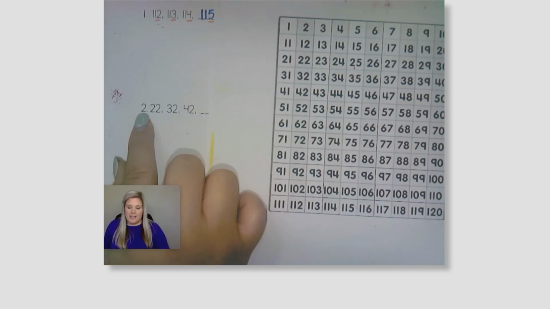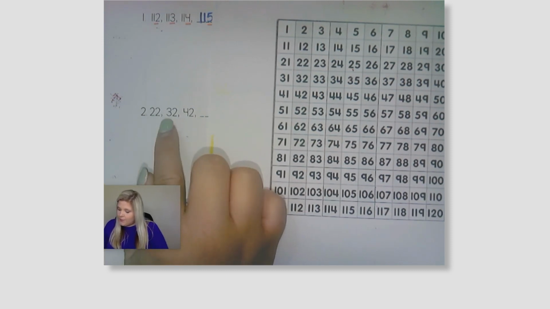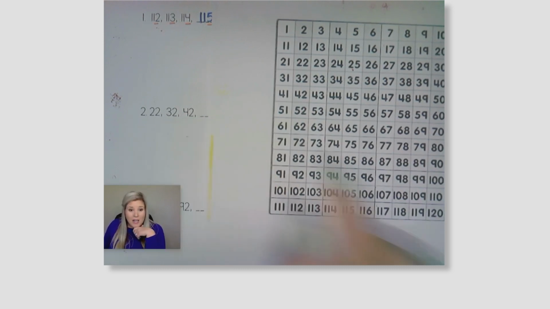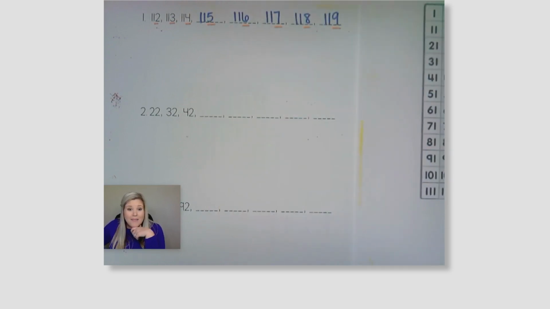Number 2 says 22, 32, 42. And then it has 5 more blanks after it. That means that we will need to use our 120 chart to find the next 5 numbers in the pattern.